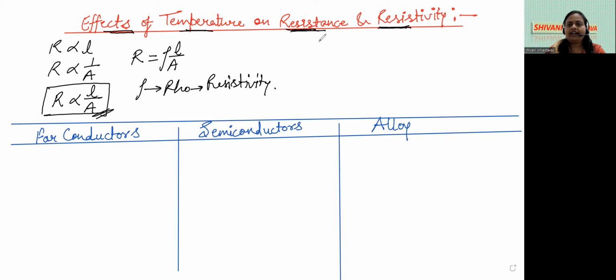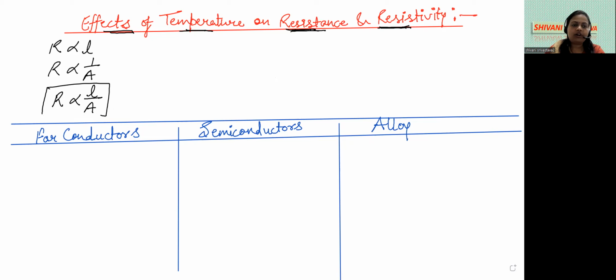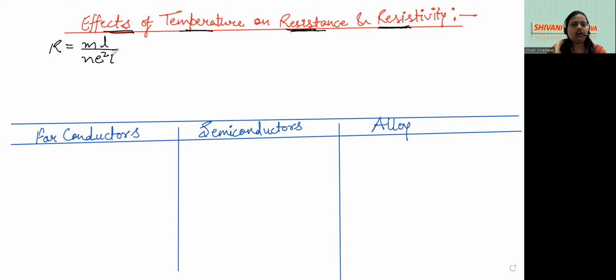So that much we have discussed from the 10th standard. Now here, we have studied the formula of resistance in the previous videos also. So R is equal to m L upon n e squared tau A, right?